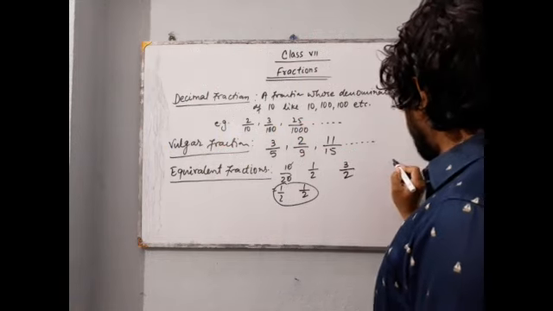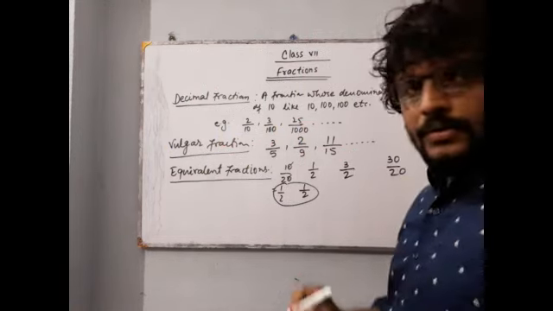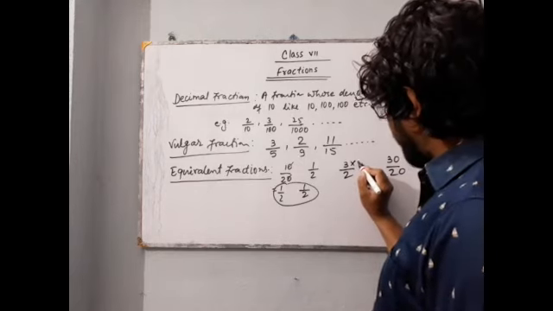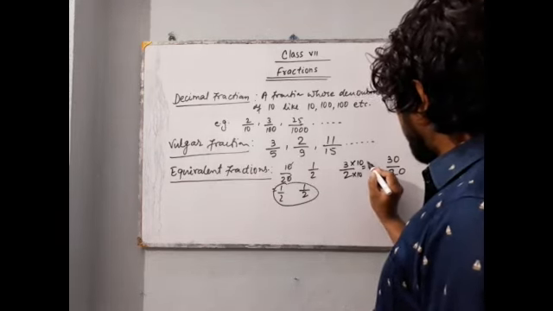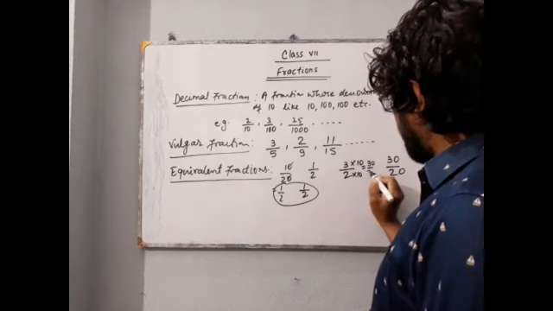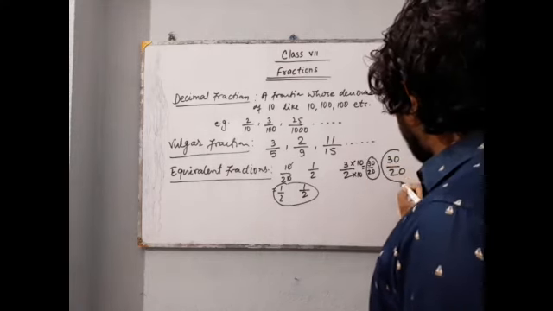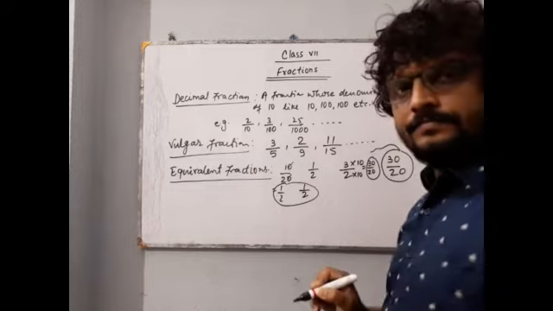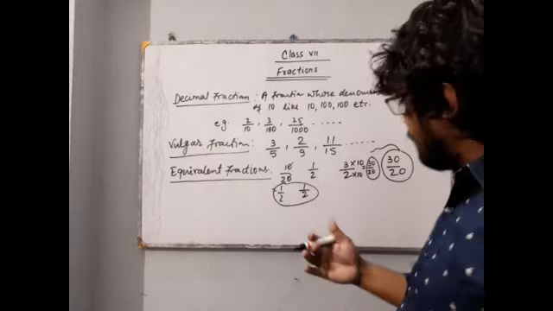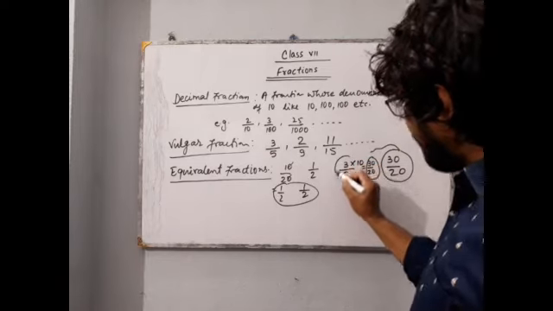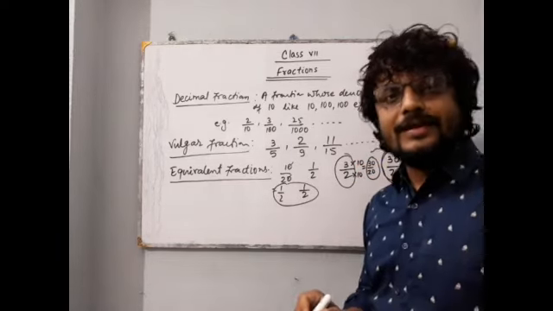We multiply numerator by 10 and denominator by 10. Then we get 30 by 20. Hence, we can say that 3 by 2 and 30 by 20 are our equivalent fractions.